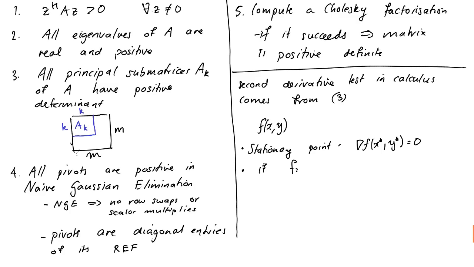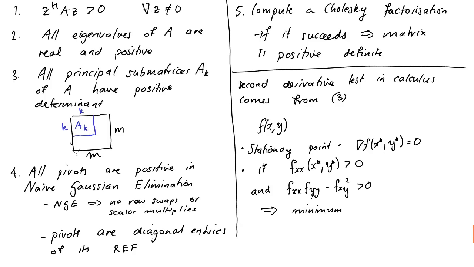If f_xx at the stationary point (x*, y*) is greater than 0, and f_xx f_yy minus f_xy squared is greater than 0, then it's a minimum. Do you remember seeing something like that?